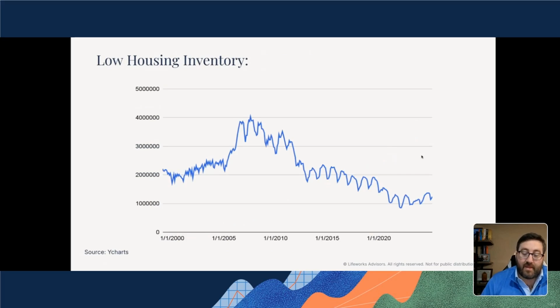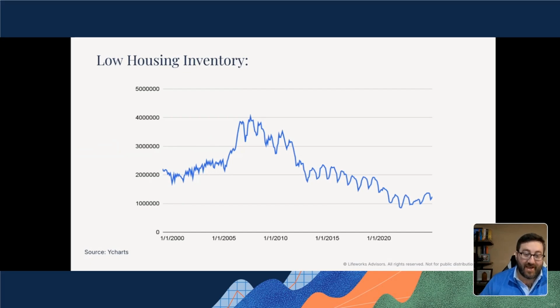And again, outside of just the printing of money and putting that in the market, one of the big drivers has been low inventory. And there are lots of different causes for this. Some of the main causes are we were at 3% interest rates for a long period of time, where anyone that has a 3% mortgage rate, if you go buy a new house right now, you're going to be at 5 or 6%.